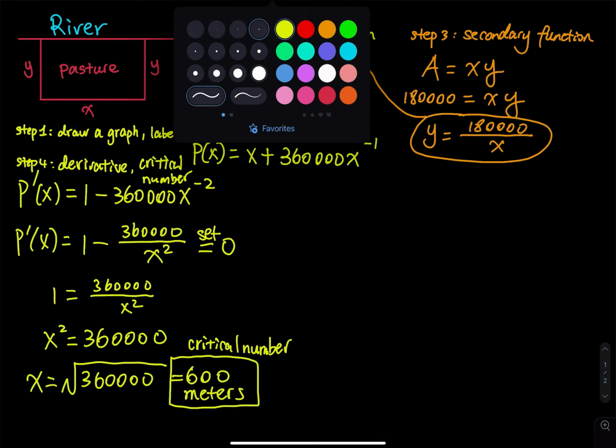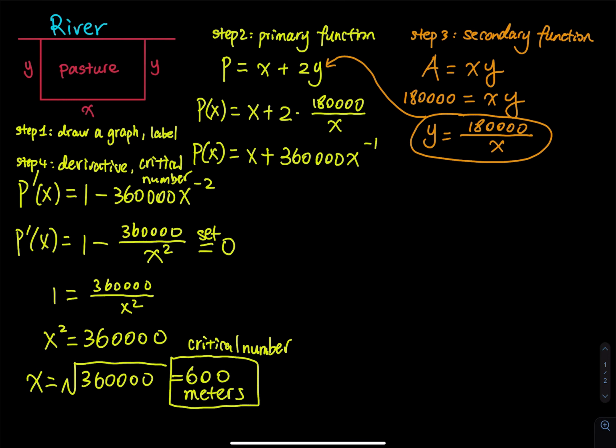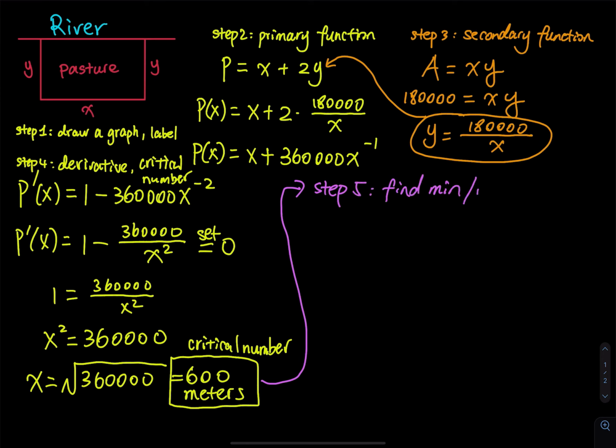So step 5, allow me to change to a different color. So I am going to move over here. So we are doing step 5. Find the min or max. Let's use the second derivative test. So what is P double prime? P double prime, the derivative of 1 is equal to, where is the first prime? The first prime is right over here, right?